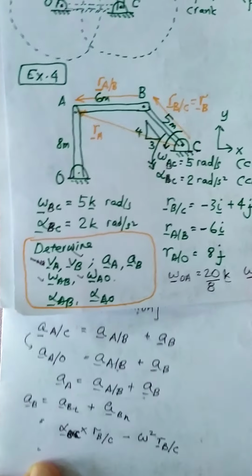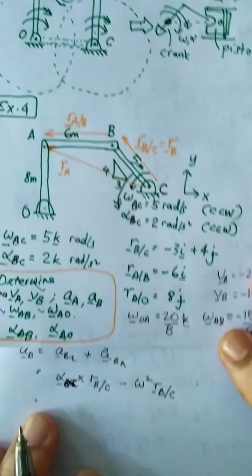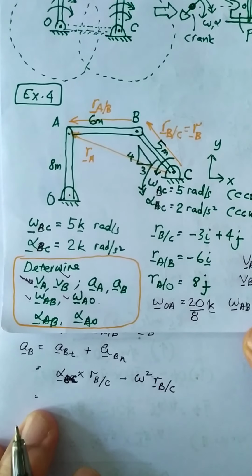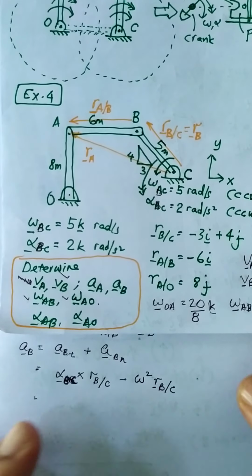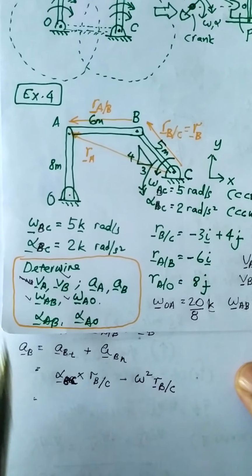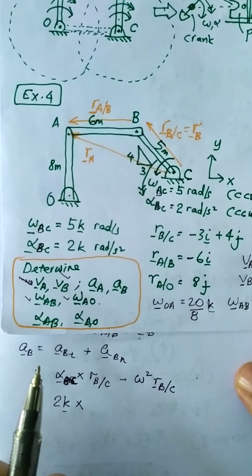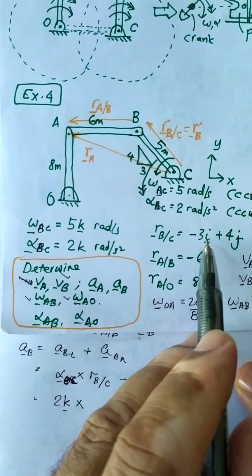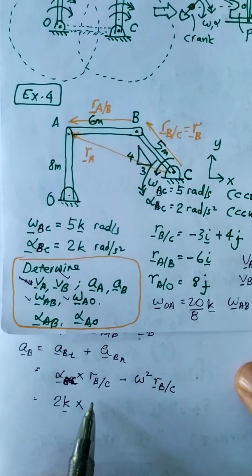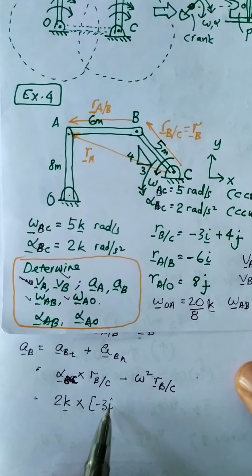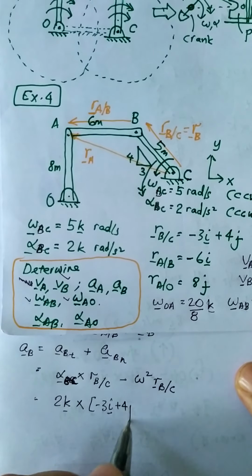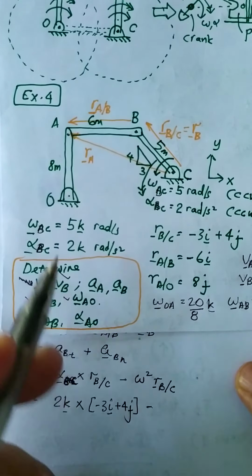We know that alpha here is 2k. So it's 2k cross the position vector B relative to C, which is minus 3i plus 4j, and then we have omega.